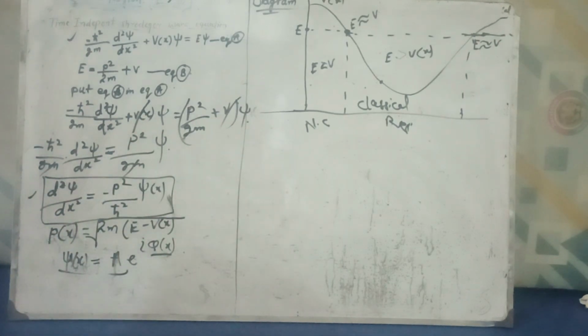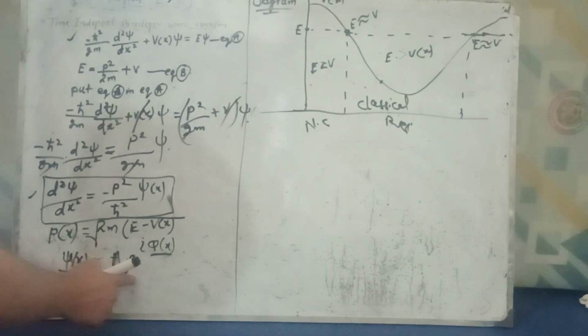Phase is the quantity which describes the motion of a particle. This is the wave function psi of x is equal to A exponential i phi of x.